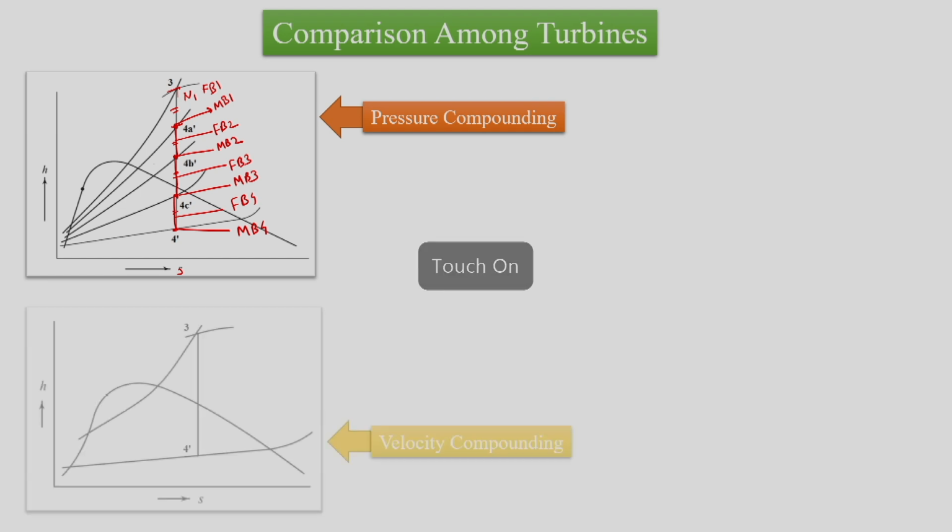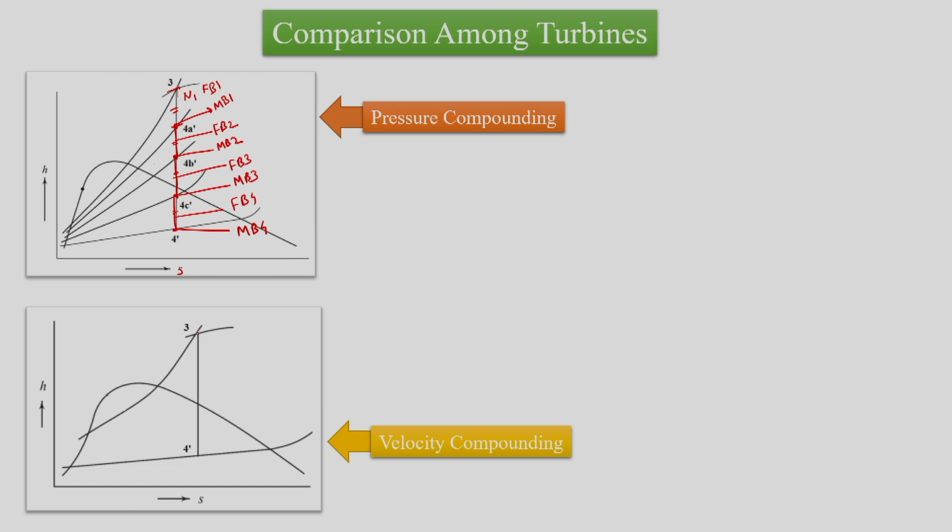Now, the same HS diagram will change like this in case of velocity compounding. Here suppose we are working for a 2 stage velocity compounding turbine, but as we know in case of velocity compounding we have only one nozzle and the rest of the stationary blades are acting as guide vanes.